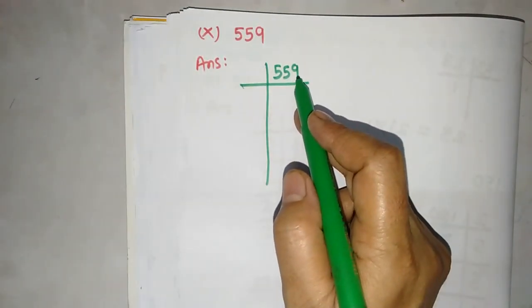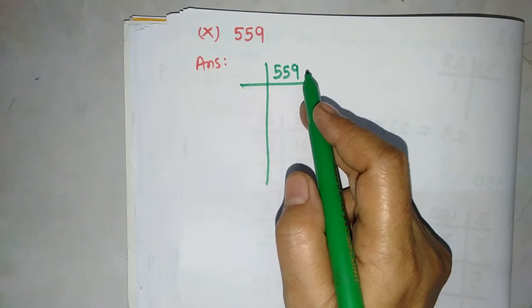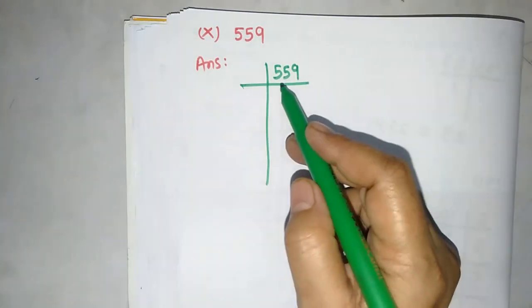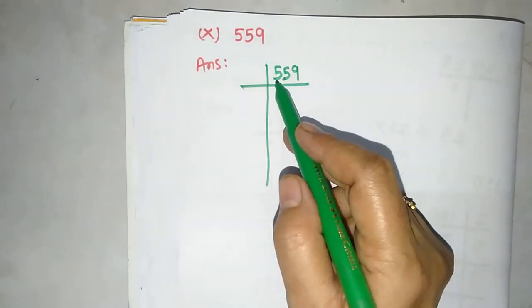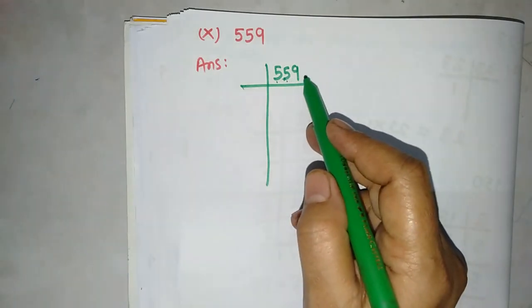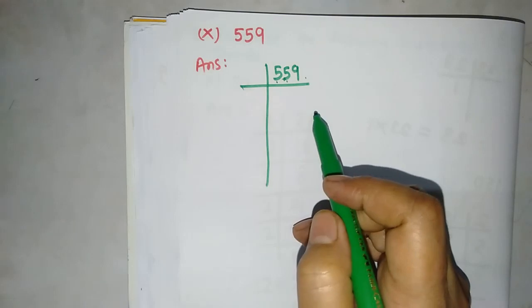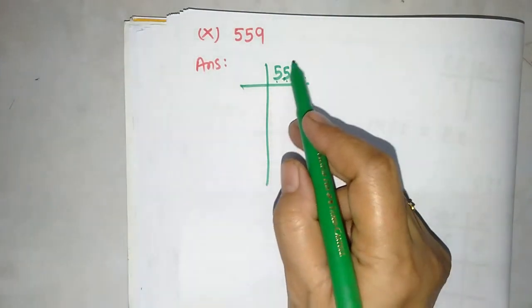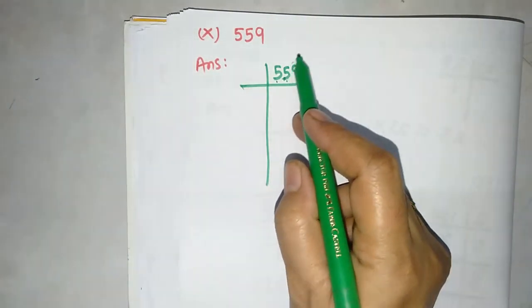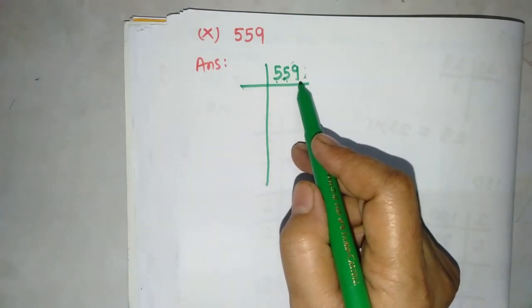It is an odd number, so it is not divisible by any even numbers. Now their addition is 5 plus 5 plus 9 is 19. So it is not divisible by 3 as well as 9. Last digit is not a 0 or 5, so it is not divisible by 5 or 10.